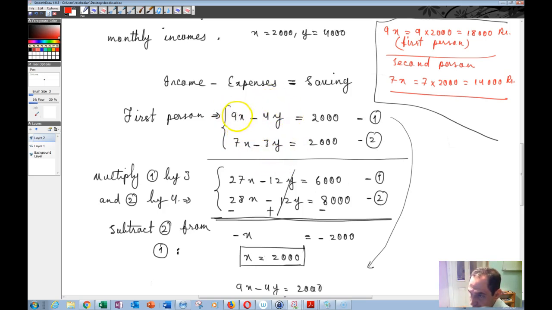Here I would have had to multiply, for example, this equation by a factor of 7 and this equation by a factor of 9, in order to get these two to, for example, 63x, which would have resulted in, for example, 7 times 2000, which is 14,000, and so on and so forth. The numbers would have gotten a lot bigger, so I chose to eliminate y. Otherwise you can eliminate x as well if that's easier.